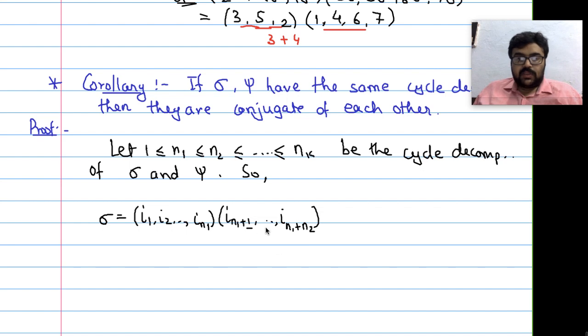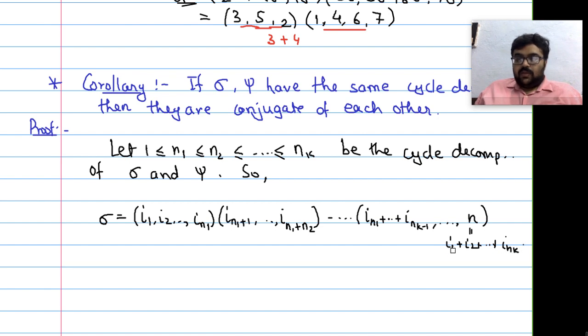So this is a cycle of length n2 and so on. The last one is i n1 plus up to i nk minus 1 and up to n, which is nothing but the sum of n1 plus n2 plus up to nk.